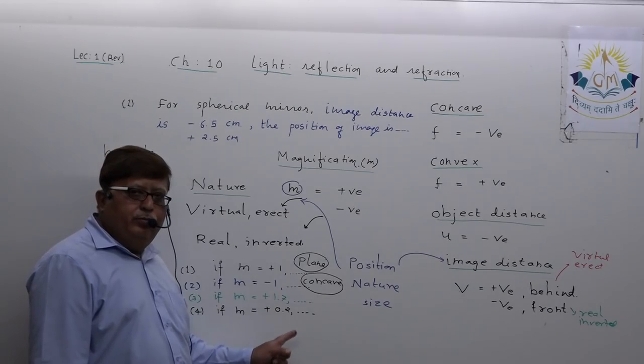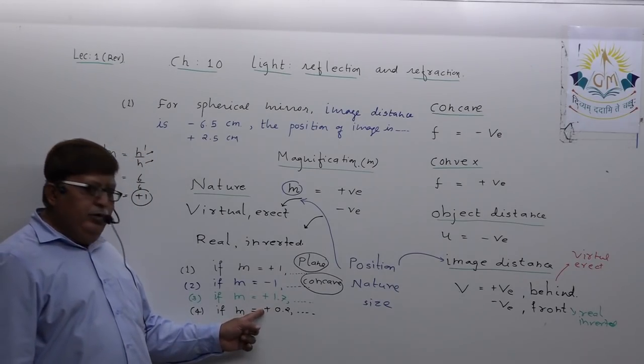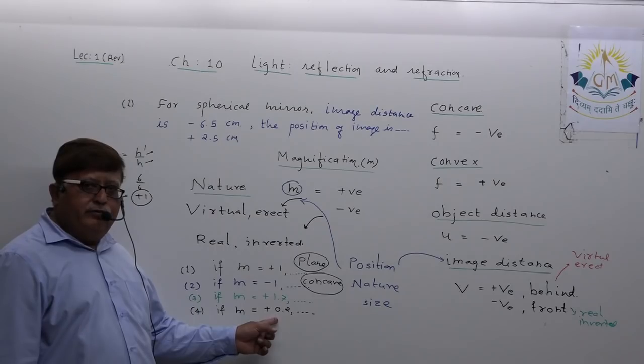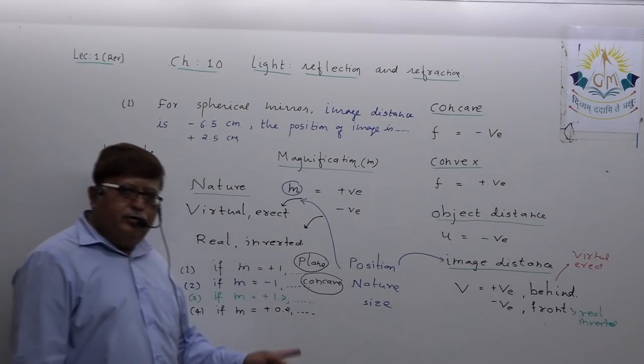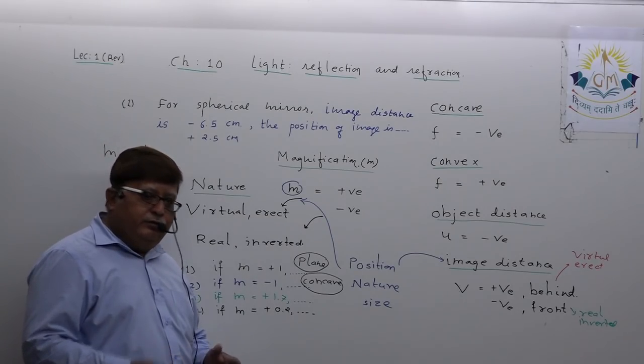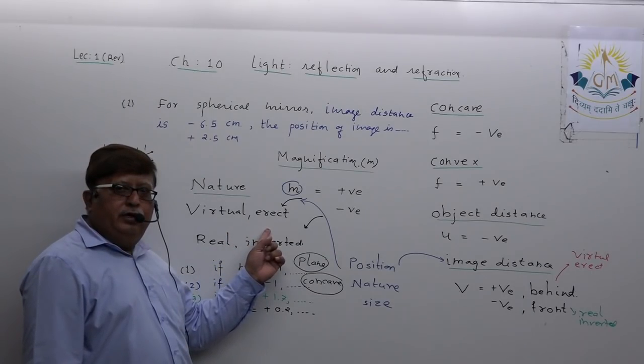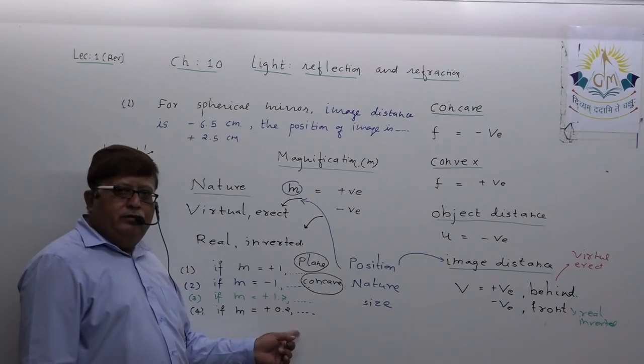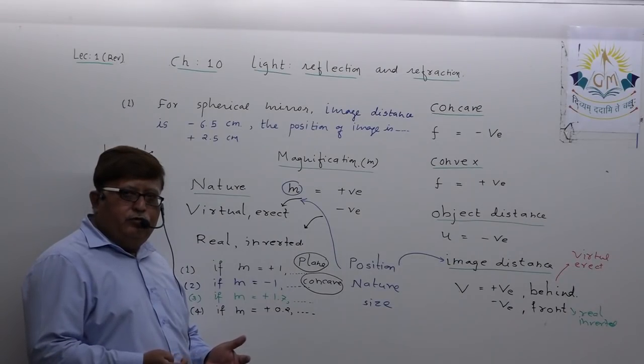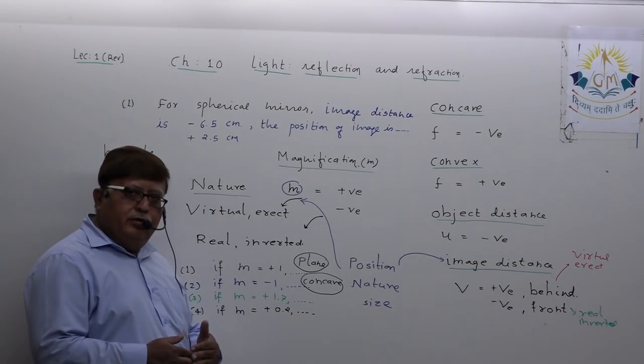Plus 0.2, plus, and it is less than 1. Can you guess? Plus means virtual, erect. Less than 1 means the image is going to be smaller than the object.